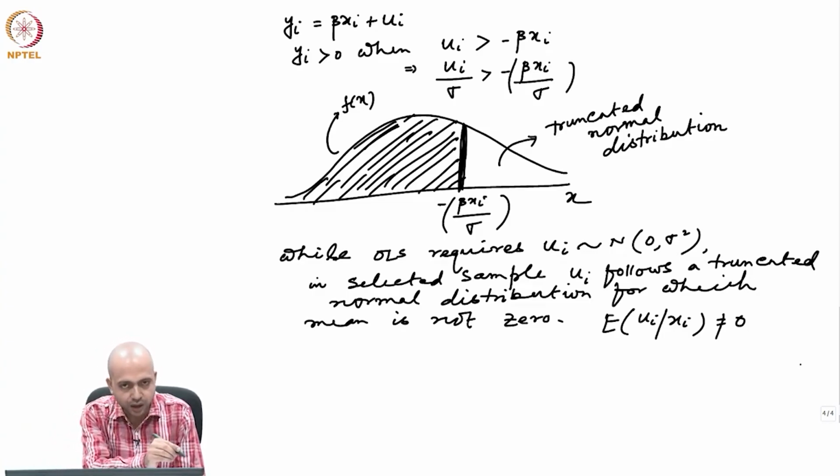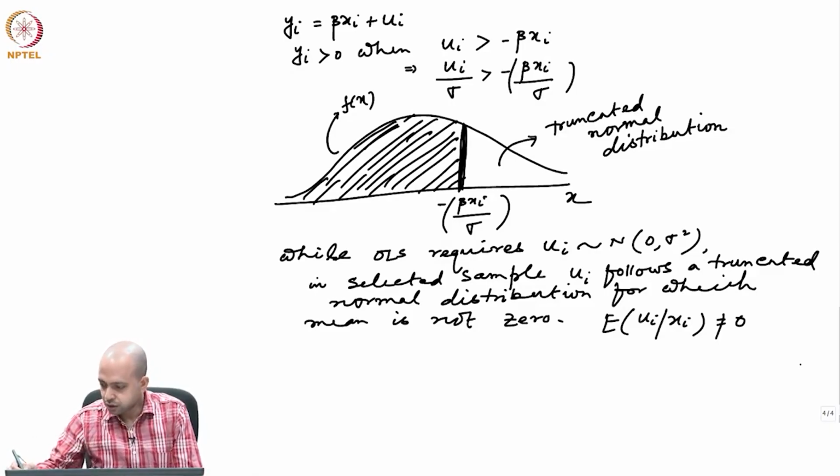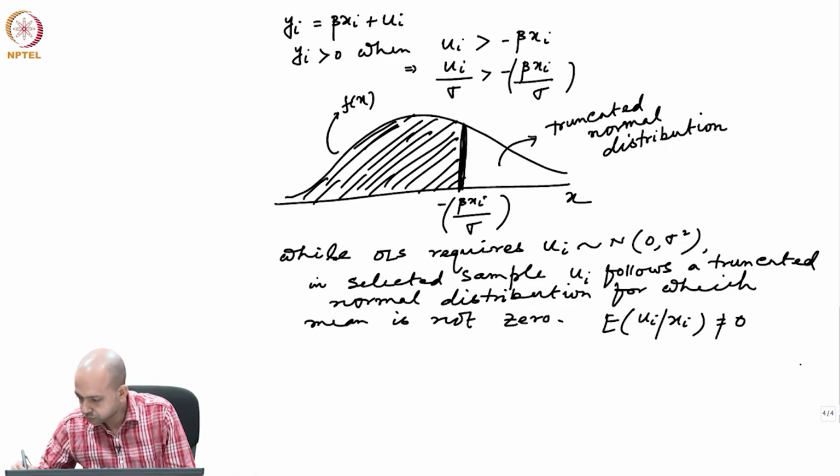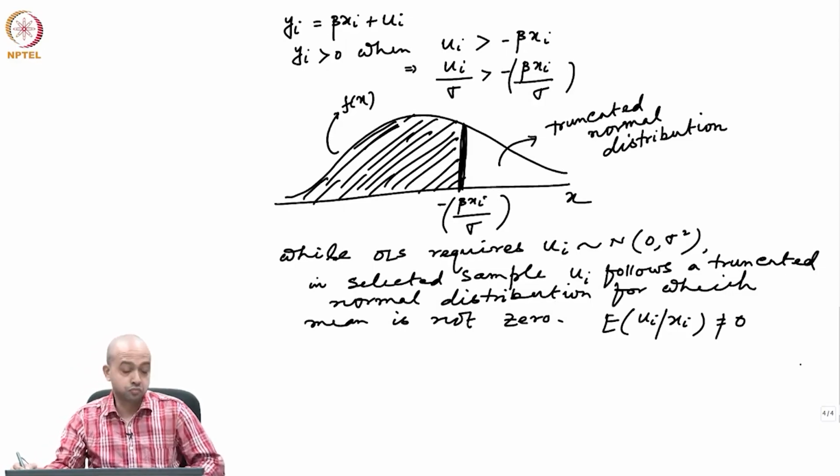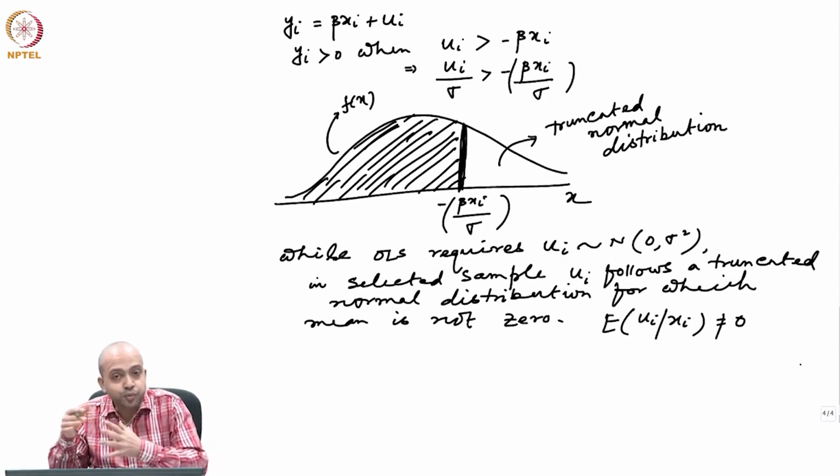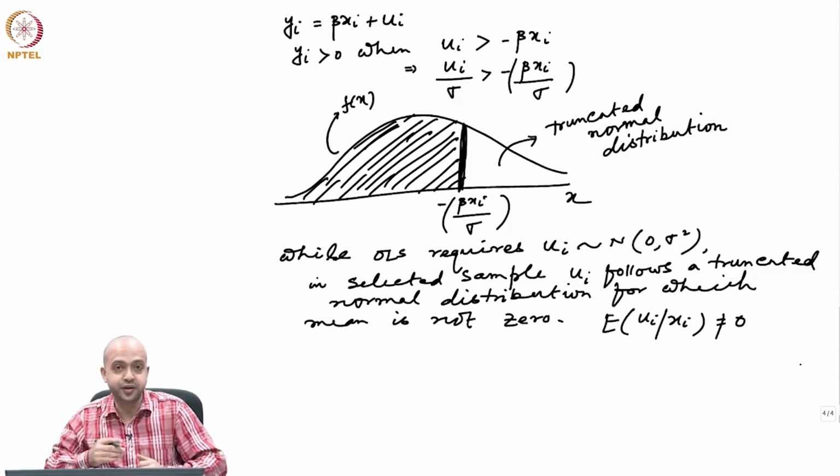So, OLS is not applicable in a selected sample because of these two reasons we have just discussed. Initially we said that when you apply OLS in the selected sample, the slope and intercept of the estimated equation are quite different from the slope and intercept of the equation you estimate using the entire sample.